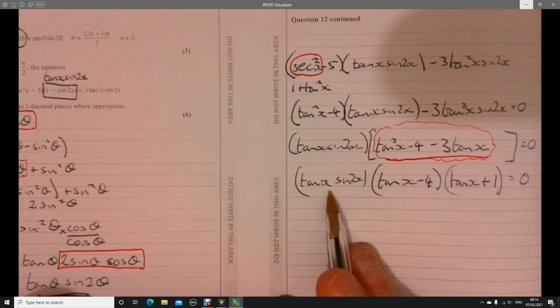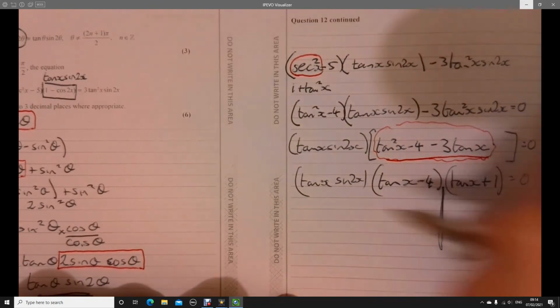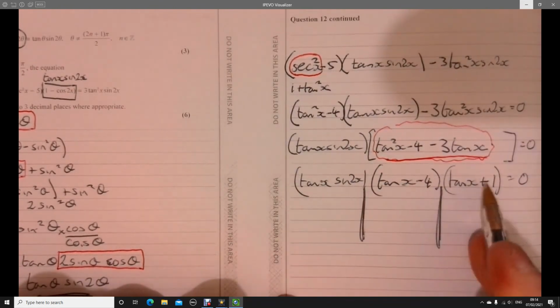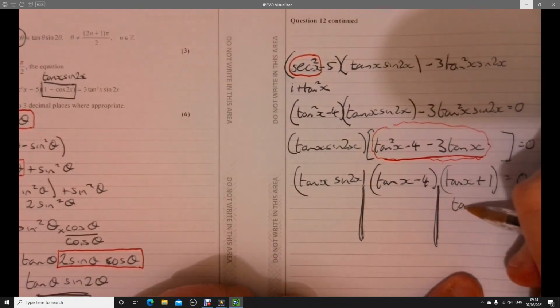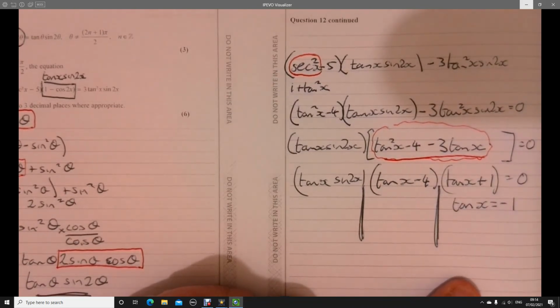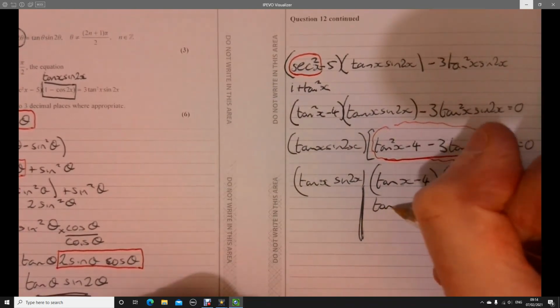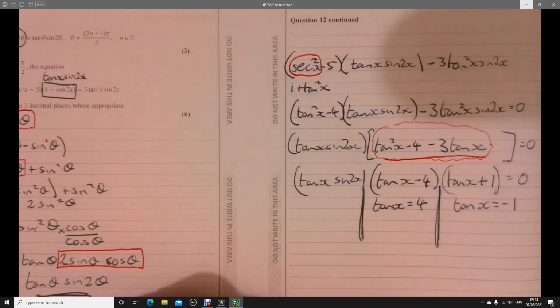Right. We just need to now consider each one of these things that equals 0, as we've just got a product of 3 factors there. So this one would be tan x equals minus 1. This one would be tan x equals 4.